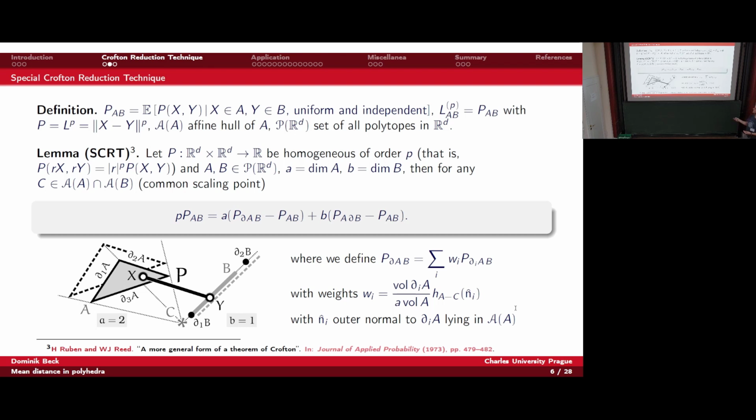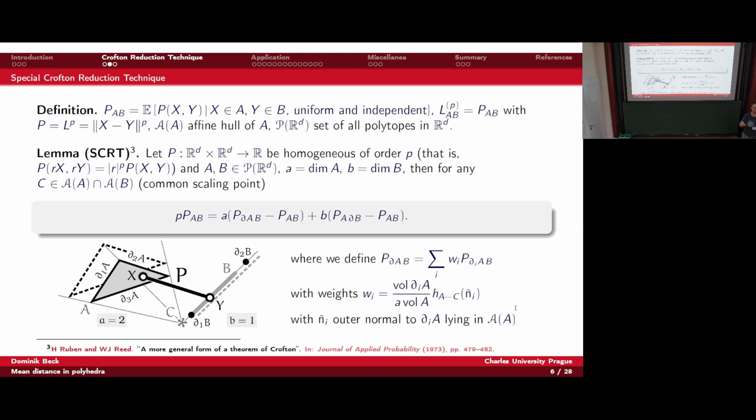Then you can use this reduction technique, which means you shift the points to the boundary of those solids. So instead of calculating the mean distance of 2 points in the interior of A and B, you calculate the mean distance with the point x being on the boundary of A, and y staying in the interior.